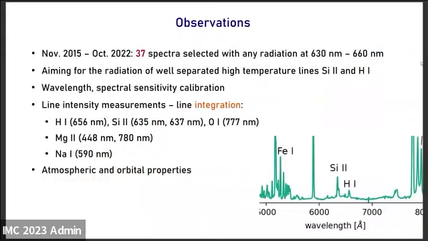We collected about 800 spectra, and I looked at the radiation of each spectrum to see if there is any radiation between 600 and 700 nanometers, because that's the region where silicon and H alpha are. And you can see that I found only 37 spectra with any kind of radiation in that region.